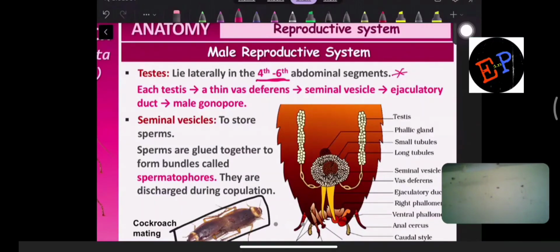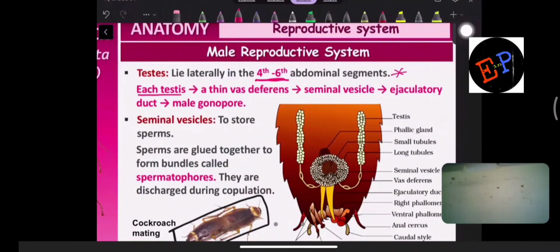Now let us see the passage of the sperms, how sperms pass from one organ to another. First they are produced in the testis, then they enter the vas deferens, a tube-like structure. Then they enter the seminal vesicles where nourishment takes place. Then they enter the ejaculatory duct. Here you are seeing this yellow color duct, this is called the ejaculatory duct.